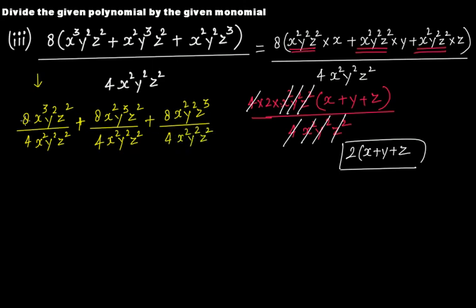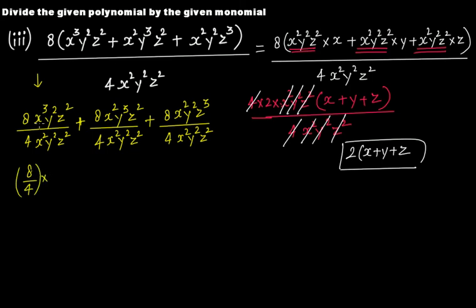And why are you getting 8 in each of these three terms? Because it is 8 multiplied by this whole algebraic expression. So applying the distributive property of multiplication over addition, you get this 8 in each of the three terms.